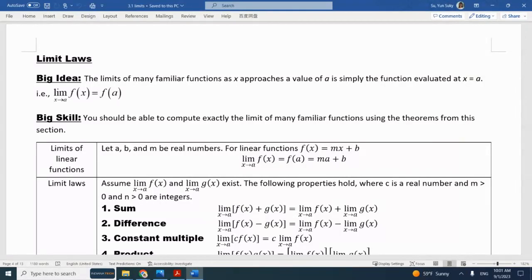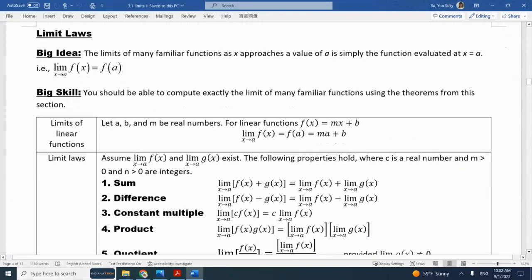It could be it goes to infinity, or it could go to minus infinity, or the left side and the right side do not match, then the limit does not exist. And maybe the function is oscillating between two numbers, so the limit does not exist. Okay. All right. So today let's continue to learn limit laws.